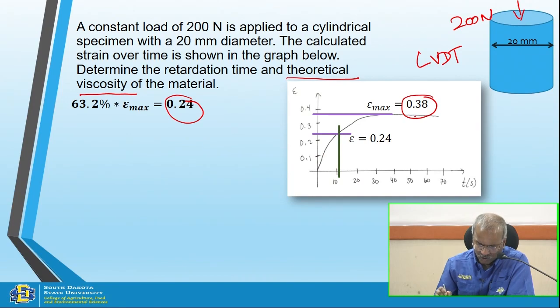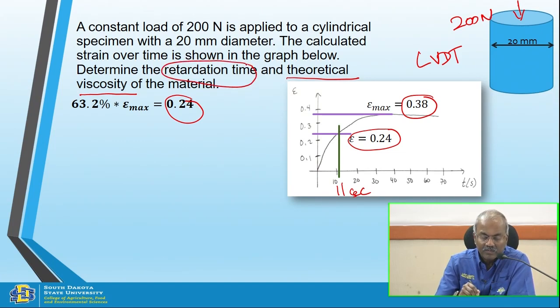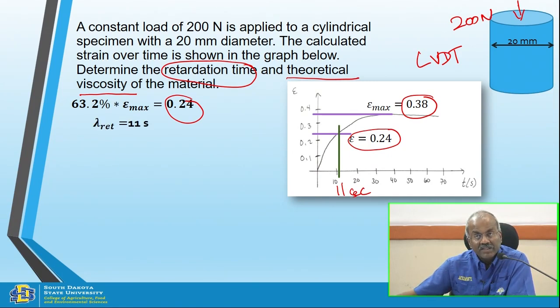So you go to this curve, find 0.24 and then come down, you will get 11 seconds, and that is the retardation time.